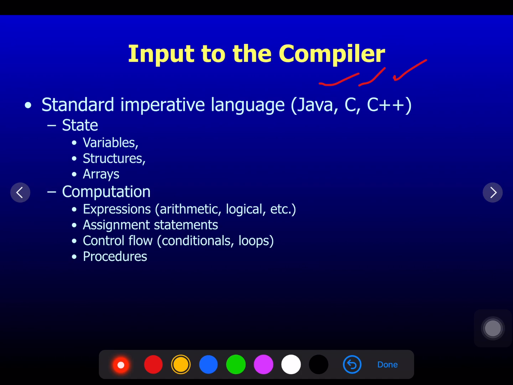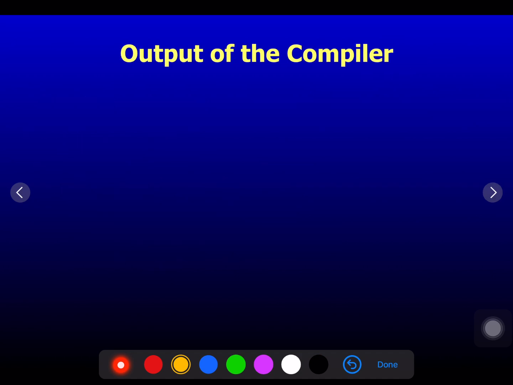How do we maintain state in a high-level programming language? Through variables, structures and arrays. How does computation take place? Through expressions, which may be arithmetic, logical and assignment statements, or conditionals, loops and procedures. These two are very, very important.